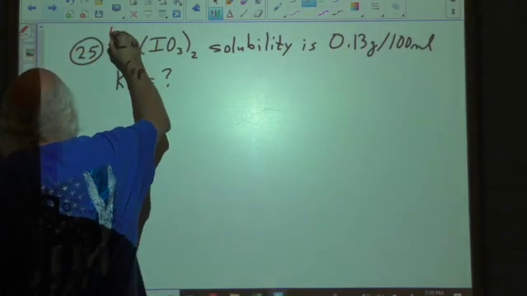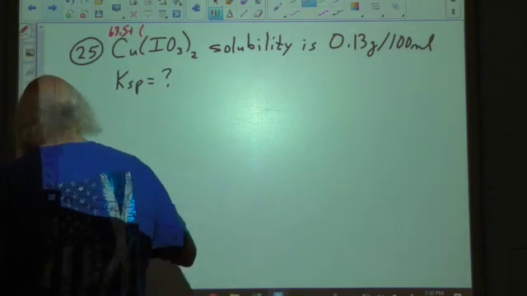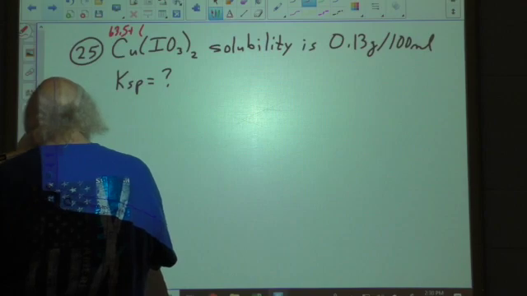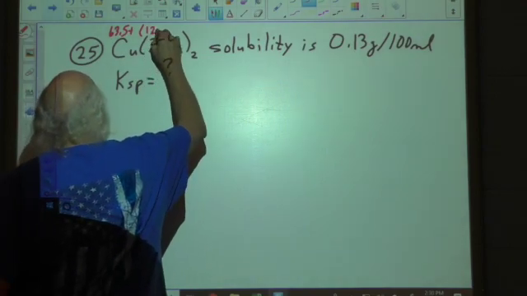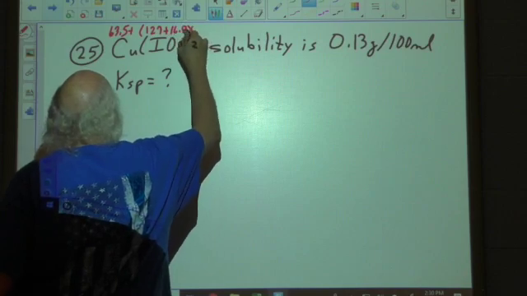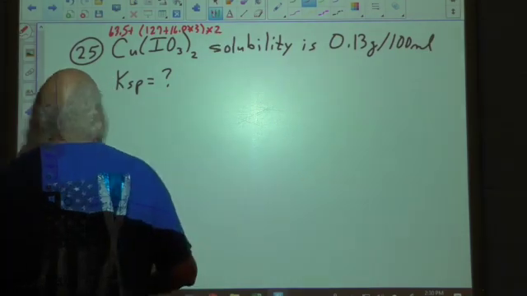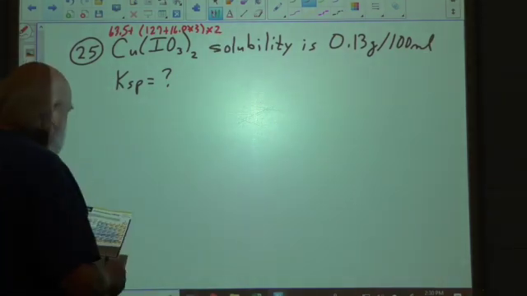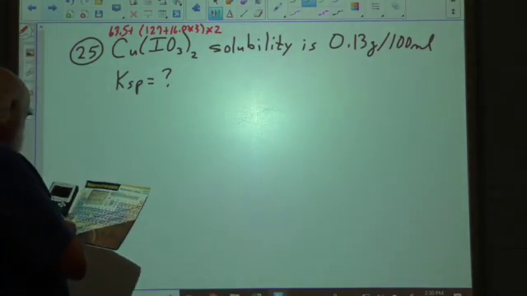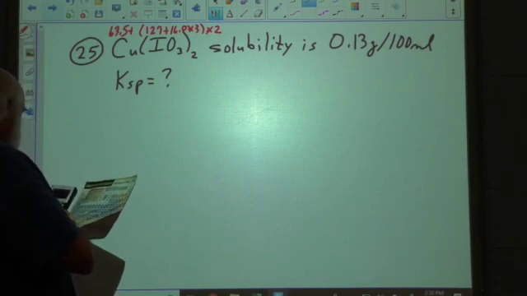So copper is 63.5 plus iodine is 127, I believe. Yes, 127 plus oxygen 16.0 times 3, close parenthesis, times 2. Wow, what a mess. So let's punch this out: 63.5 plus parenthesis.